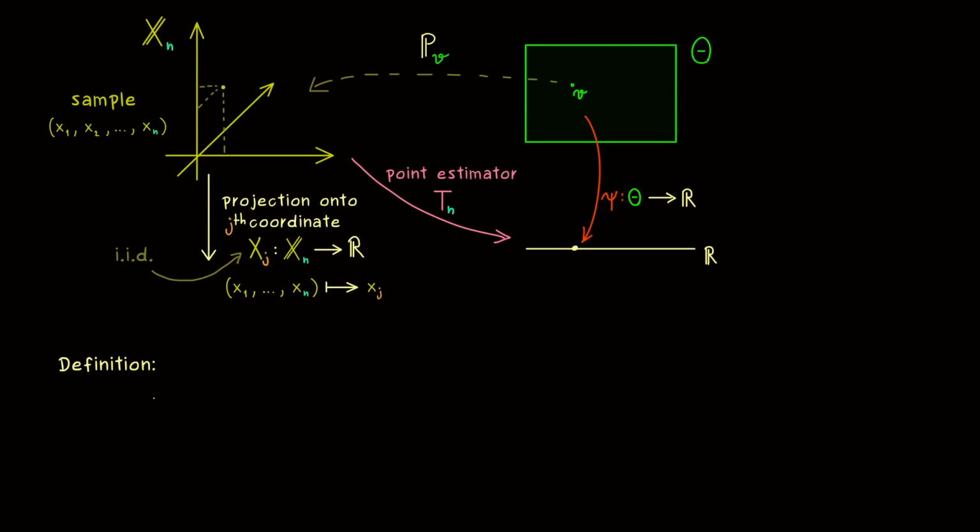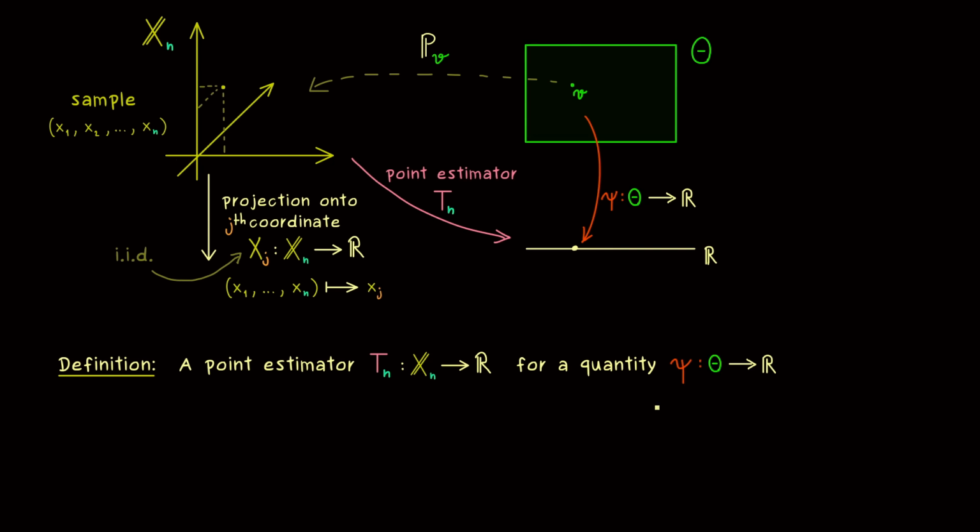This is not complicated at all, because we just have to bring the function psi in. So we always have a statistical model as before, but now we also consider a point estimator Tn. And in the simplest way, you would just say it's a random variable from the sample space Xn to the real number line R. But now we would add that it is a point estimator with respect to a given map psi.